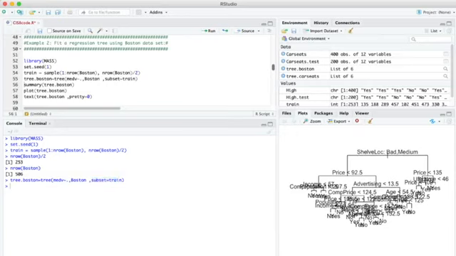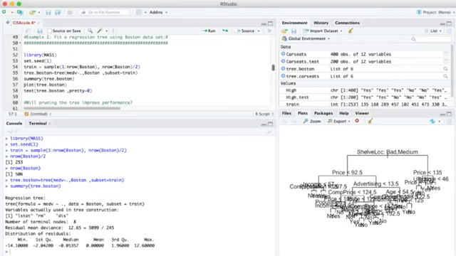And again, we just run the summary. We see that the variables used in the tree construction are just three variables. And there are 8 terminal nodes, so the size of the tree is equal to 8. And we have the distribution of the residuals, okay, because this is a regression tree.